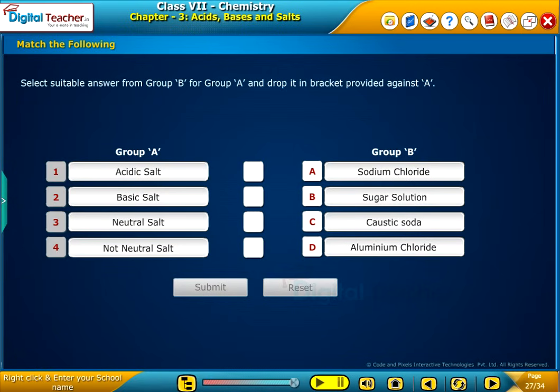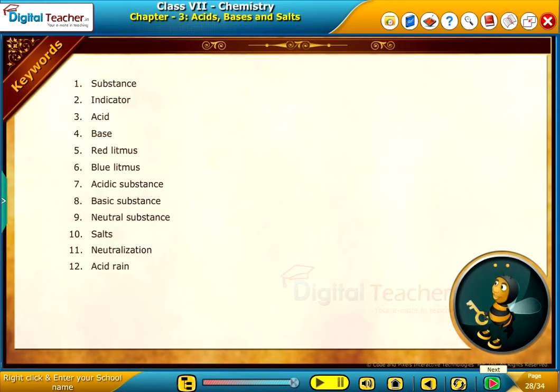Select a suitable answer from Group B for Group A and drop it in the bracket provided against A. Keywords. List of keywords are shown on the screen.